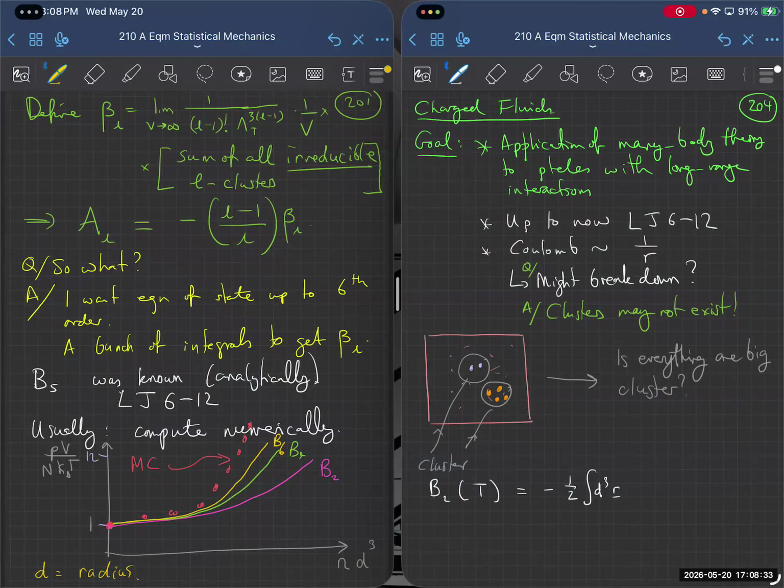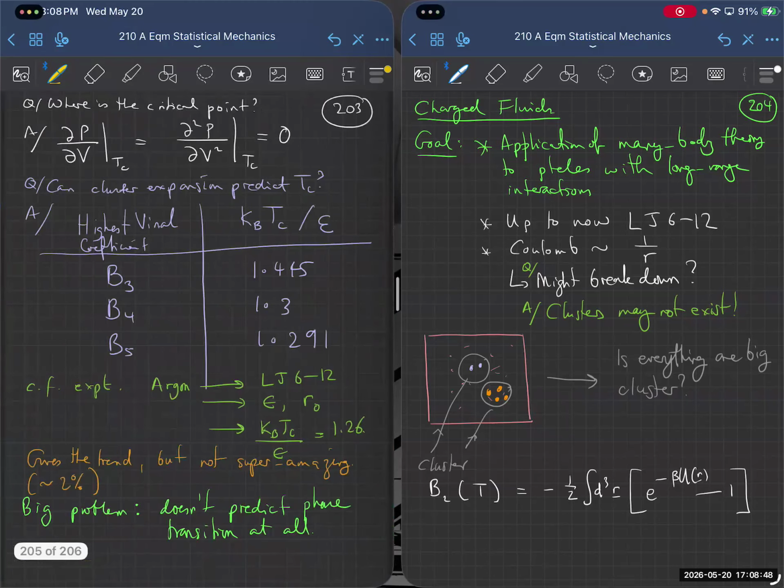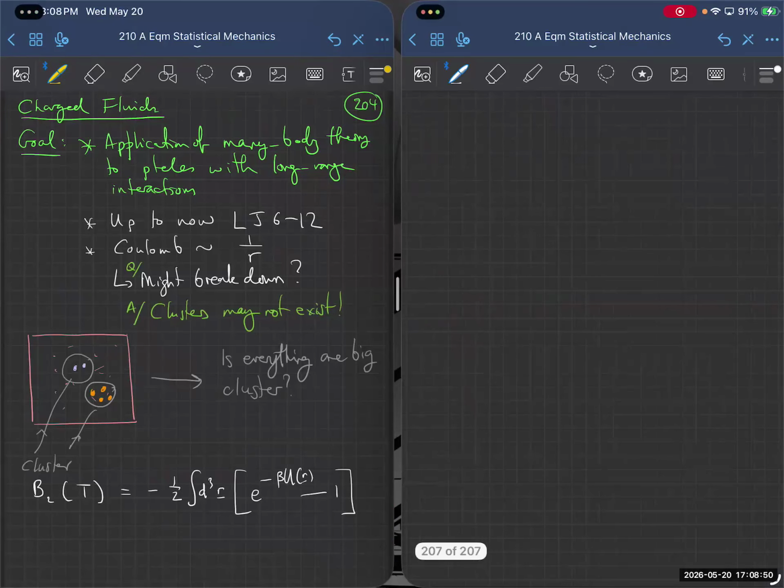And remember, we derived this as the following: e to the minus beta u of r minus 1. So that was the second virial coefficient. That's the thing that we derived heuristically, and then we saw that it emerged quite naturally from the systematic many body theory.